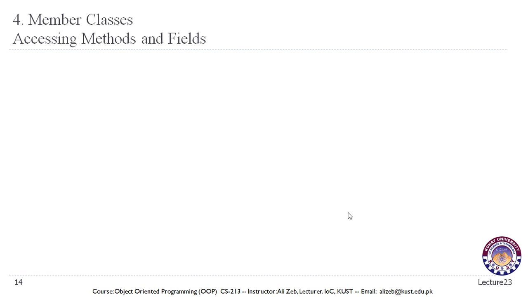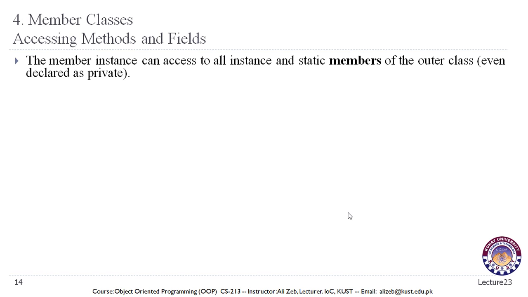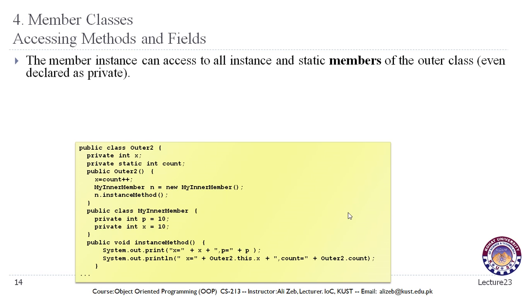Accessing methods and fields: the member instance can access all instance and static members of the outer class, even those declared as private. So it has access to all the members, the instance and the static members of the outer class, as we saw in our previous slides. This is, for example, an outer class, and we want to access the members of the outer class over here.